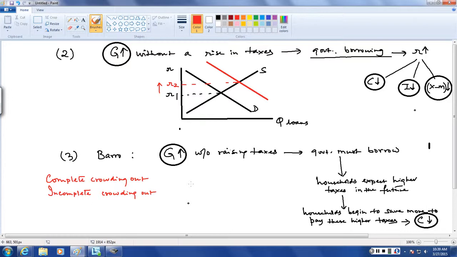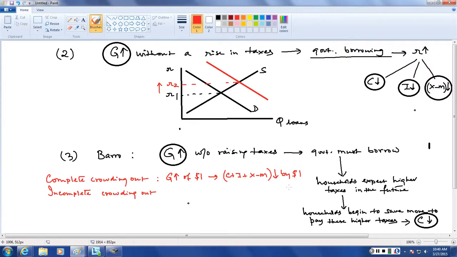Now, what is complete crowding out? Complete crowding out takes place when a government spending increase of $1 causes C plus I plus net exports to go down by exactly $1. So the government spends $1 more, and this causes the other three shoppers to together spend $1 less.